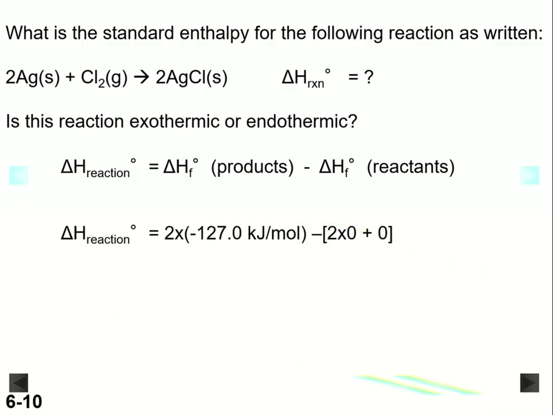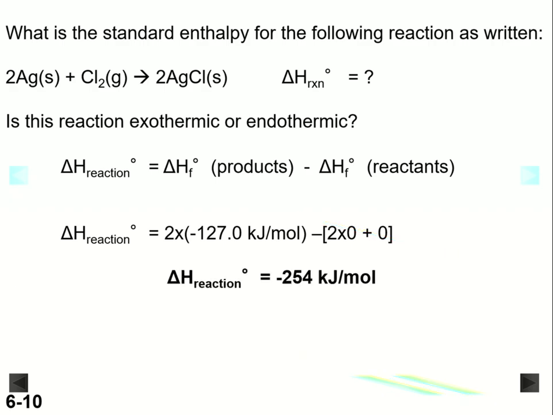So our enthalpy for reaction will look like this. 2 times the enthalpy of formation of silver chloride, which is negative 127 kilojoules per mole, is our products expression. And then we subtract off the reactants. Both of those are elements, and they're both 0. The 2 has been included for silver. 2 times 0 is the same as 0, but that's just a reminder that we need to use all those stoichiometric coefficients.